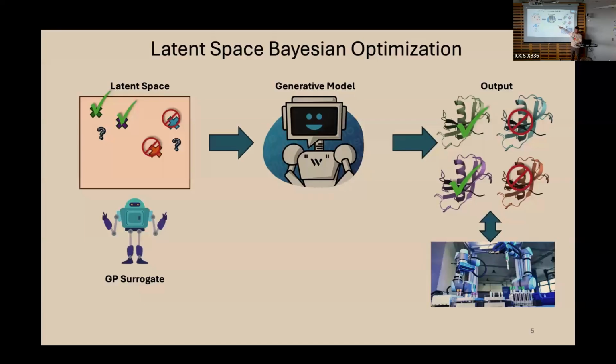Generator is a thing that turns z, which is a real vector, into a peptide, right? So I measure antibiotic potency of generator of z, and I just do optimization. I just treat it as a black box function in z, where z is this 256-dimensional, 512-dimensional latent space in my generative model. And I just run vanilla BayesOpt, TuRBO, whatever your favorite BayesOpt is, and the rest of this doesn't matter.